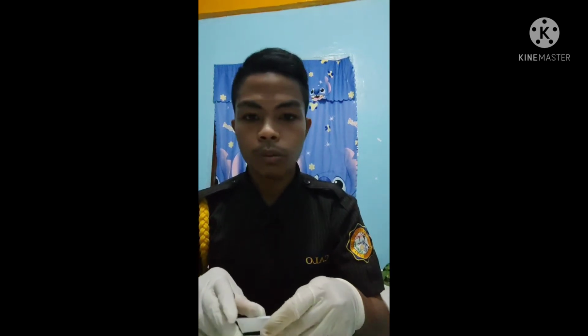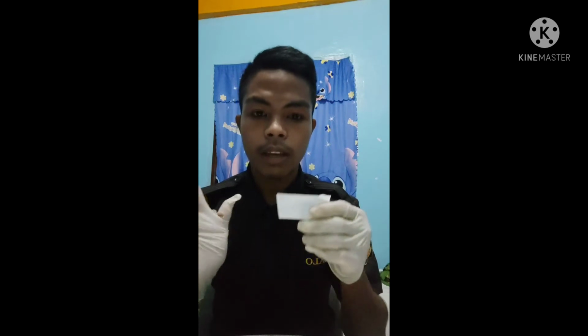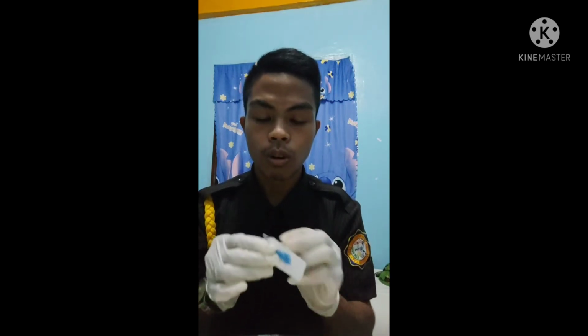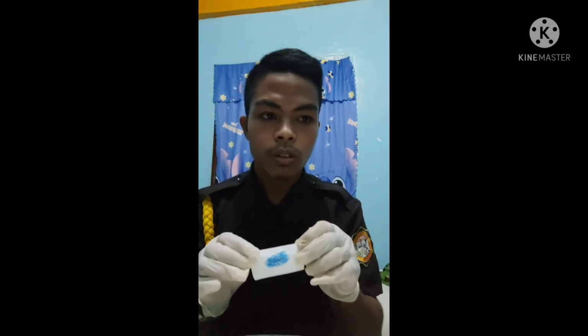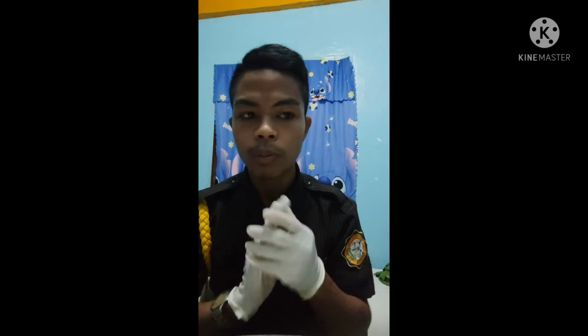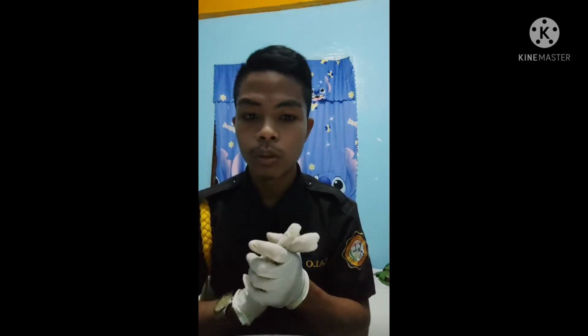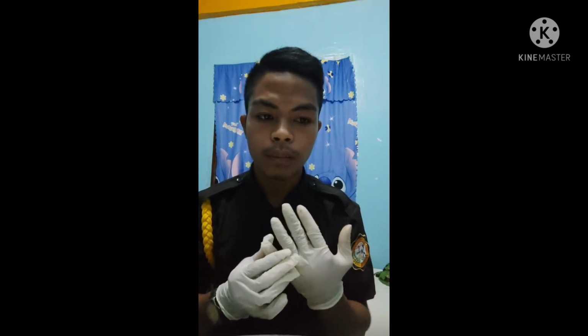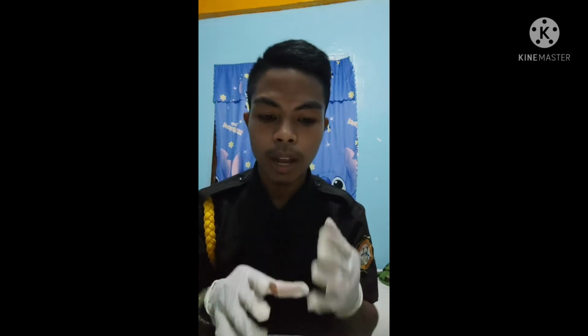Here is the positive result, which is an intense blue color. There is a possibility that this specimen contains blood, or it could be another substance. We are not sure whether this is blood or not.